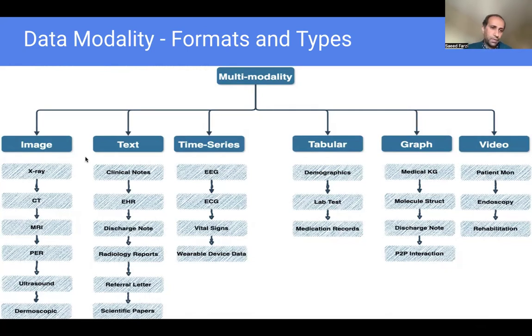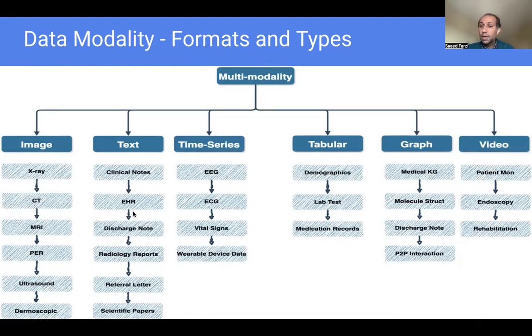In image, we have X-ray, CT scan images, MRI, PET scan, ultrasound. In text, clinical note, clinical narrative, discharge note, radiology report, referral letter, different scientific papers. Time series data: ECG, EEG, vital signs. Tabular data: demographic, lab test. Graph, of course, molecular information. It would be very useful in drug discovery.